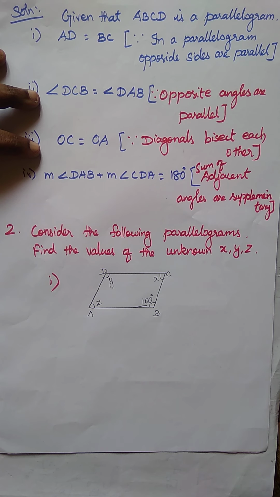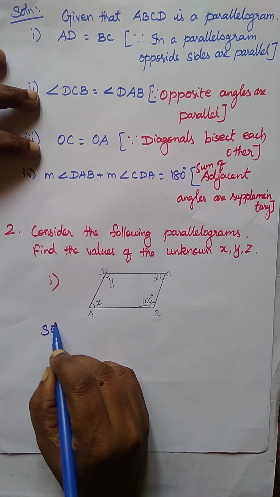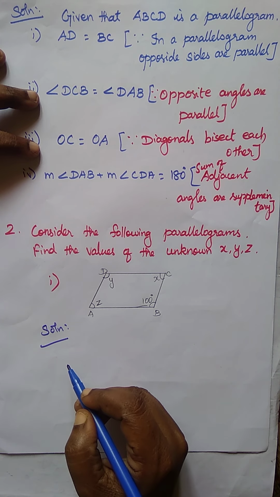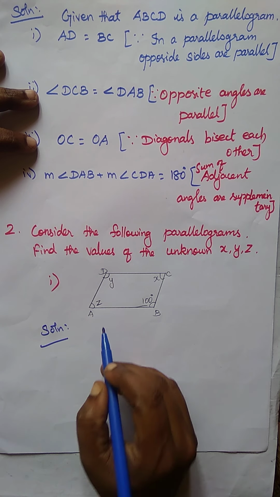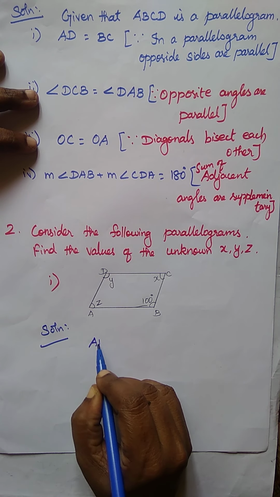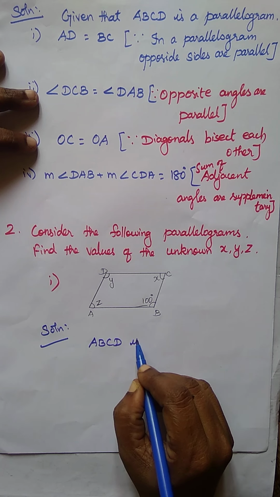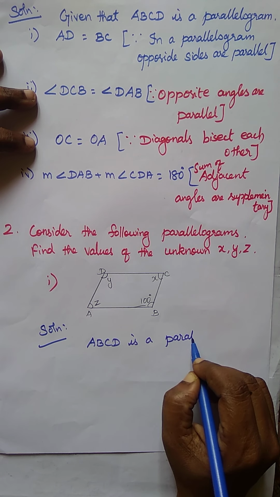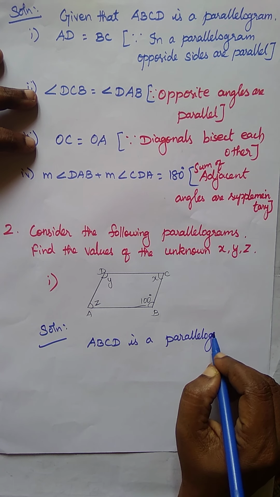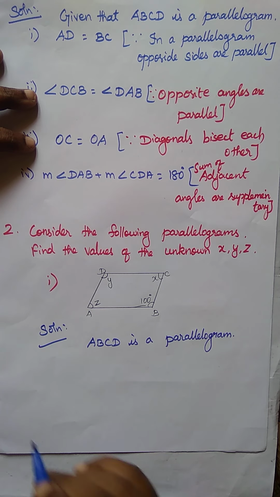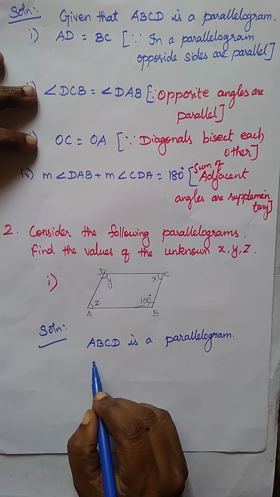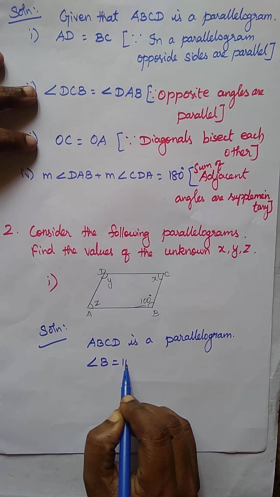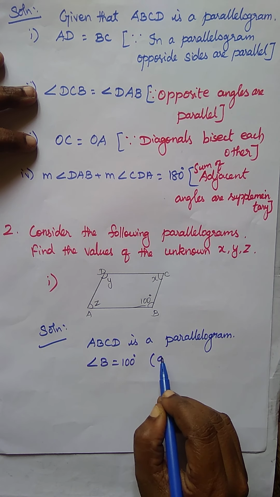Now the solution of the question. First we consider that ABCD is a parallelogram. You write that. The angle at B is 100 degrees, that is given.